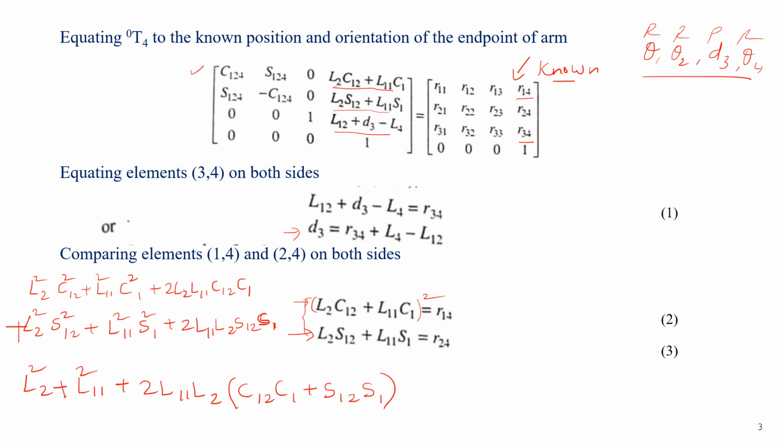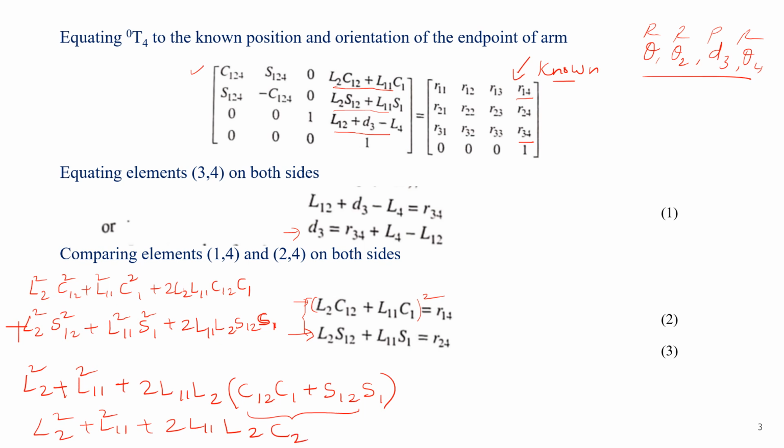This you can take as cos A minus B. So we will get L2 squared plus L11 squared plus 2 L11 L2 cos A minus B, which means you will get cos theta 2.